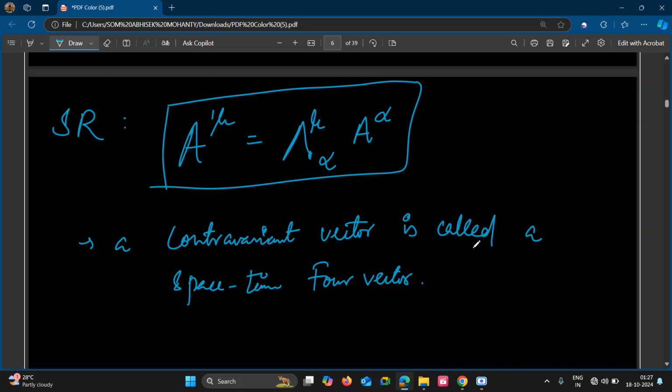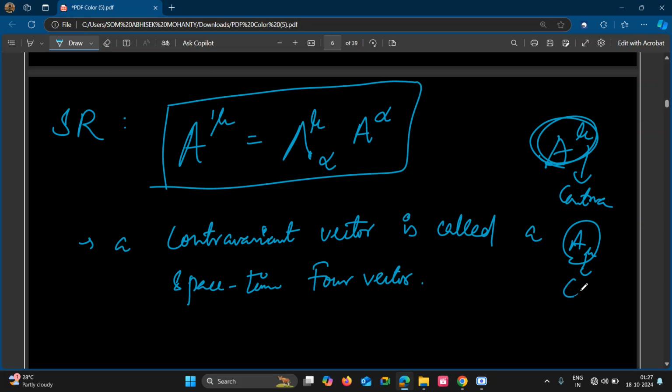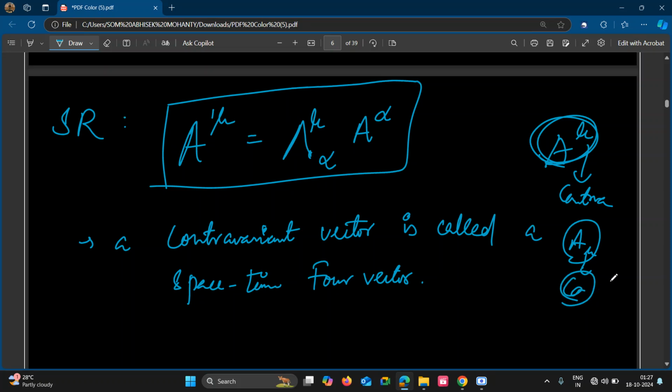Whenever the index is in the upper position, it is contra. Whenever it is in the lower position, it is co. This is just a way to remember. So this is contravariant. Next is your covariant vector.